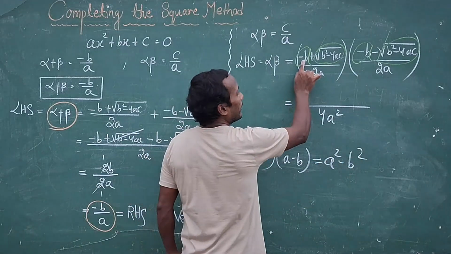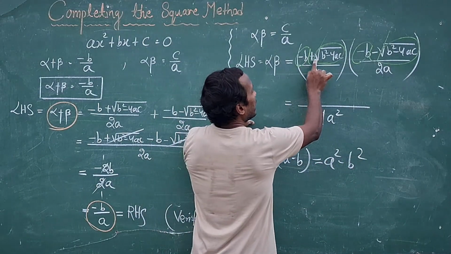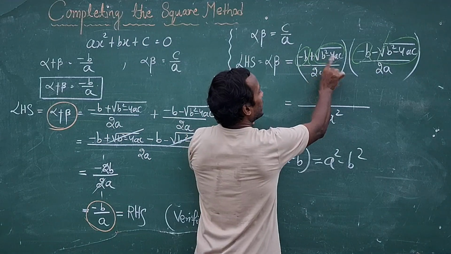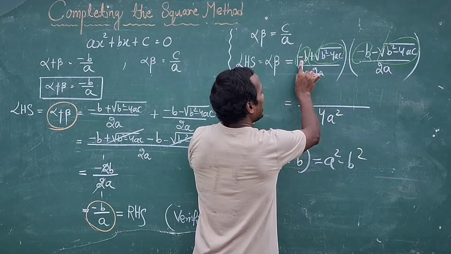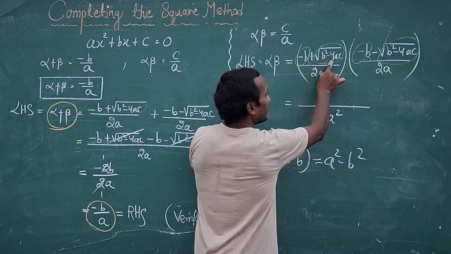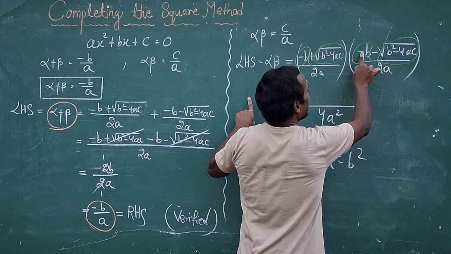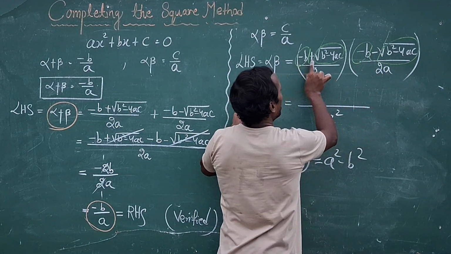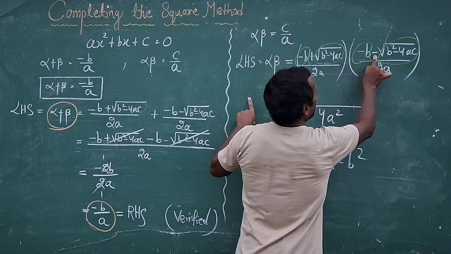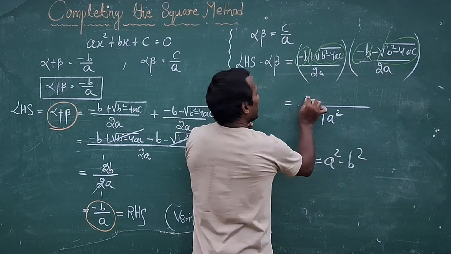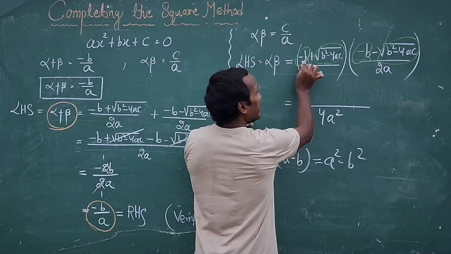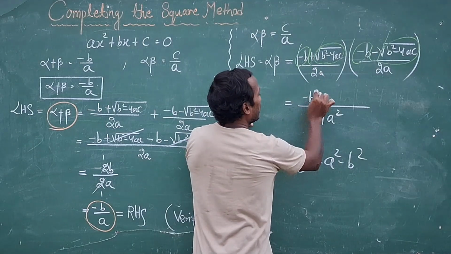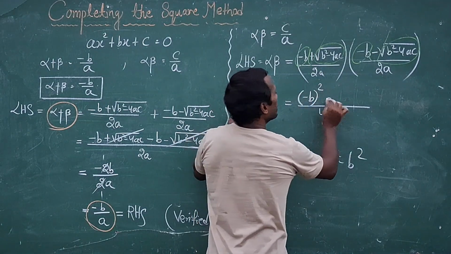Here minus b is playing the role of a, and square root of b square minus 4ac is like b. So minus b plus root b square minus 4ac, and minus b minus root b square minus 4ac. It's like a plus b, a minus b. So we will have a square minus b square. A means minus b, so a square means minus b square.